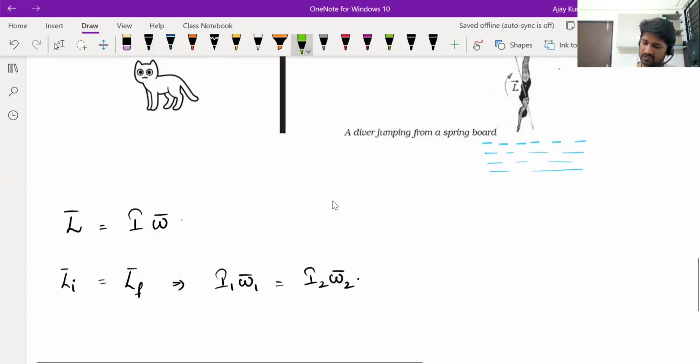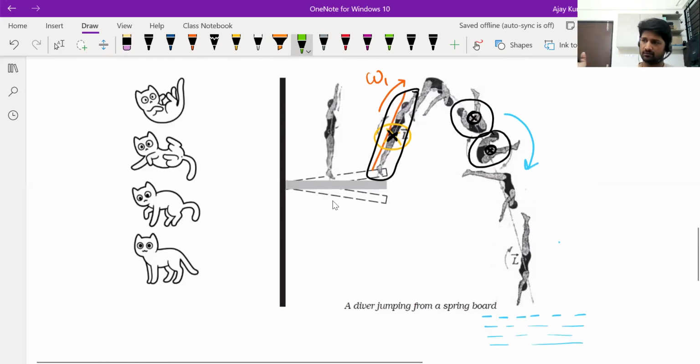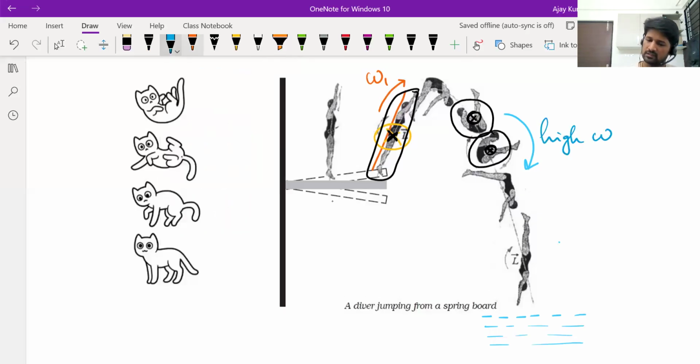If moment of inertia is decreasing, then angular velocity will have to increase. So mid-air, when the diver brings their legs and hands, the entire body together, as close as possible, the rate of rotation increases. So here the angular velocity will be much higher. Initial omega is low.